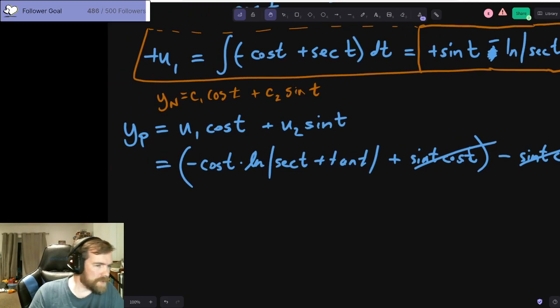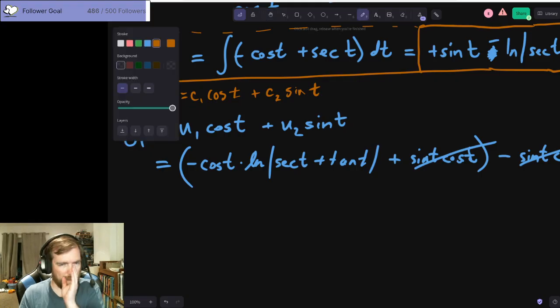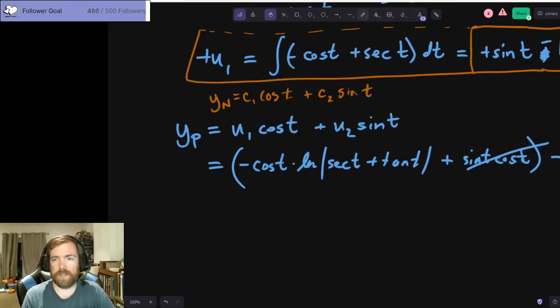Right, so very interestingly, in this case, we see that these terms end up going away, and we just end up with one term as our particular solution. That doesn't always happen. That's just a neat little thing. It feels like it's going to happen a lot, though. Possibly.